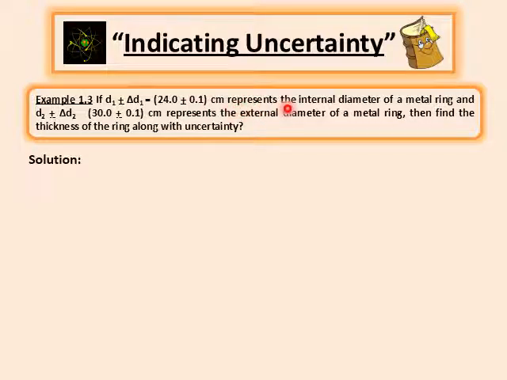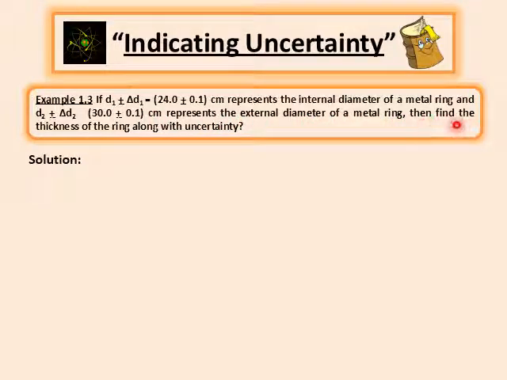Now this represents the internal diameter of a metal ring, and d2 plus minus delta d2 is equal to 30.0 plus minus 0.1 centimeter, which represents the external diameter of the metal ring.